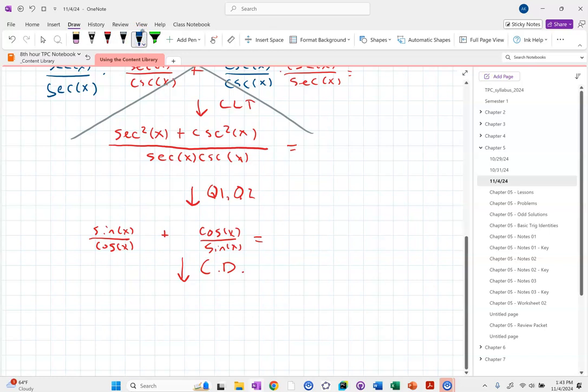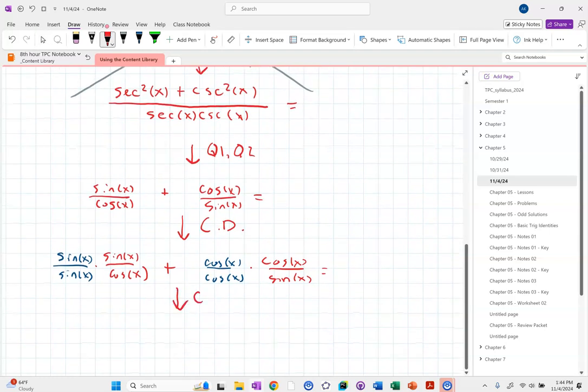Just like before, the common denominator is going to be just the two denominators multiplied together. And when I combine like terms here, we've done the same 3 steps. We've just used a different identity at the start, or a different version of the identity at the start.